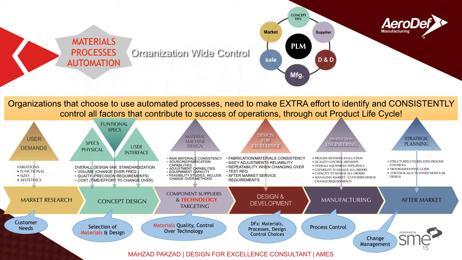So the equipment needs to have built-in materials management and built-in decision making, and that means that all the marketing research for product variations, different sizes, and aesthetic requirements of quality needs to be known. Overall design variation, standardization, quality requirements, and all of that needs to be identified upfront.